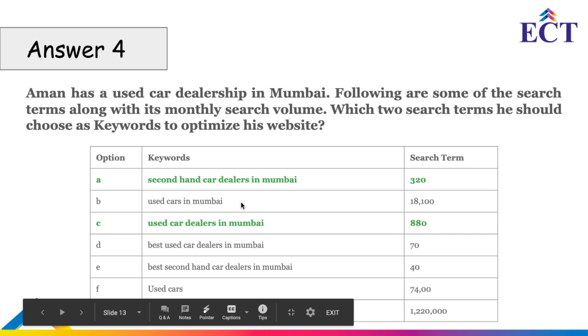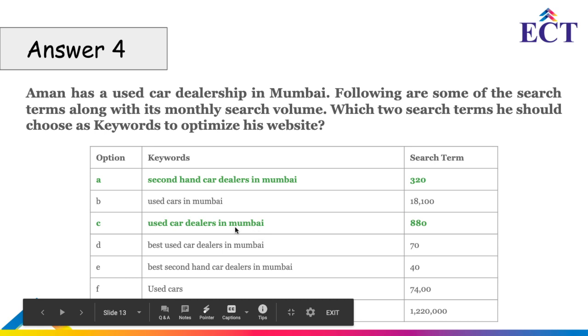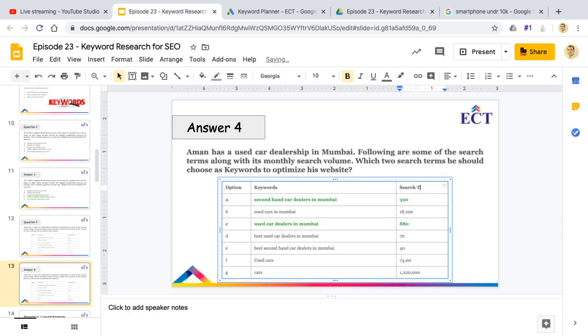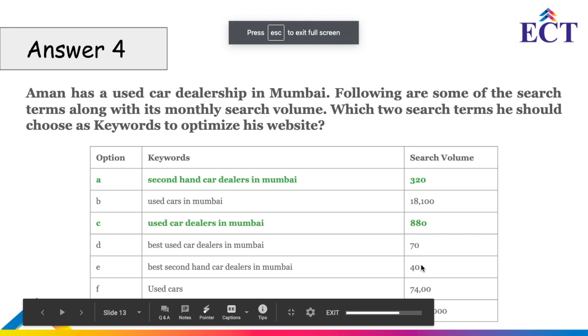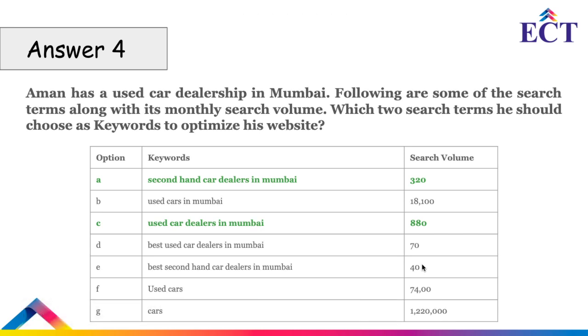The problem with option D and option E is that they have very little search volume. Just 70 and 40 monthly searches is not enough to generate a decent amount of traffic.